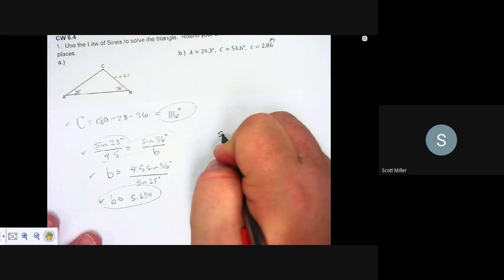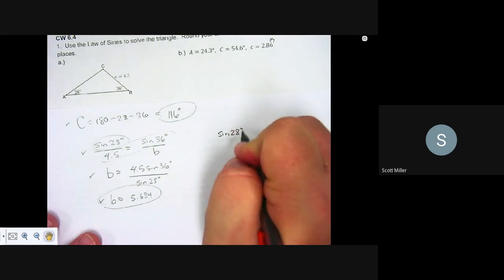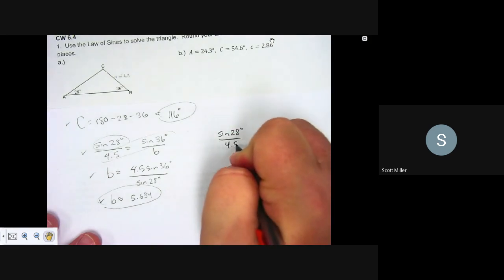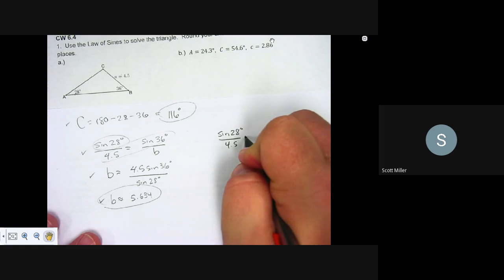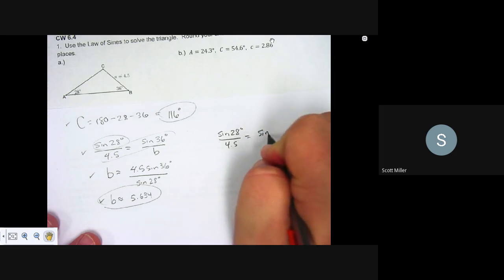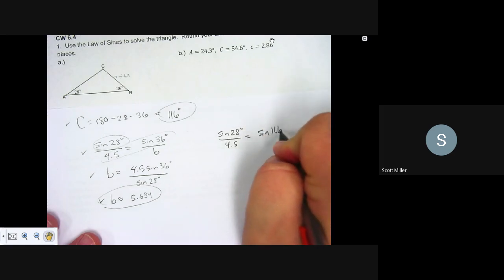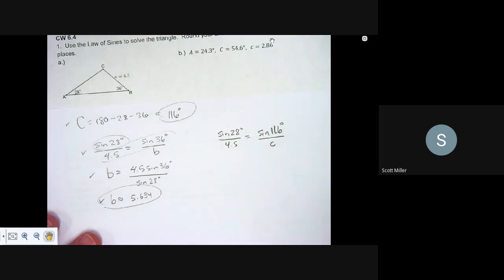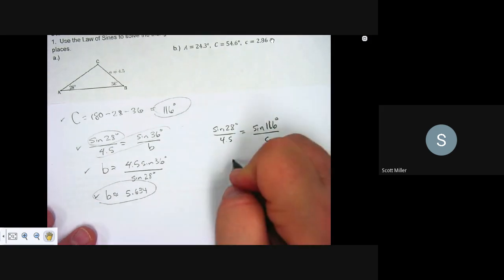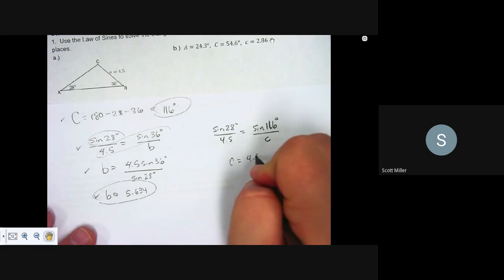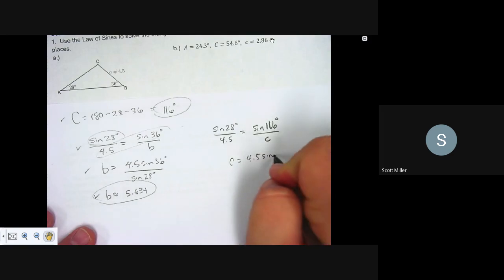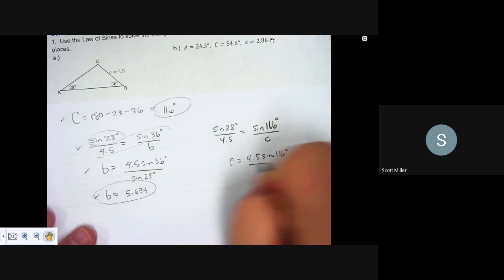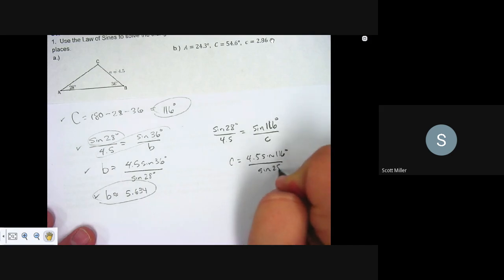And we don't. We just go back to the beginning, set it up with angle A and side A. These are given exact answers. And then the sine of angle C, 116 degrees, over side C, and we just repeat this process. So C is 4.5 times the sine of 116 divided by the sine of 28.